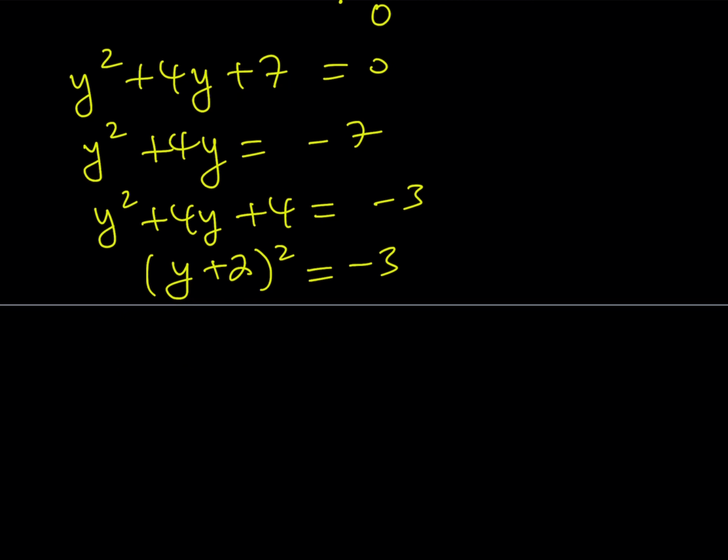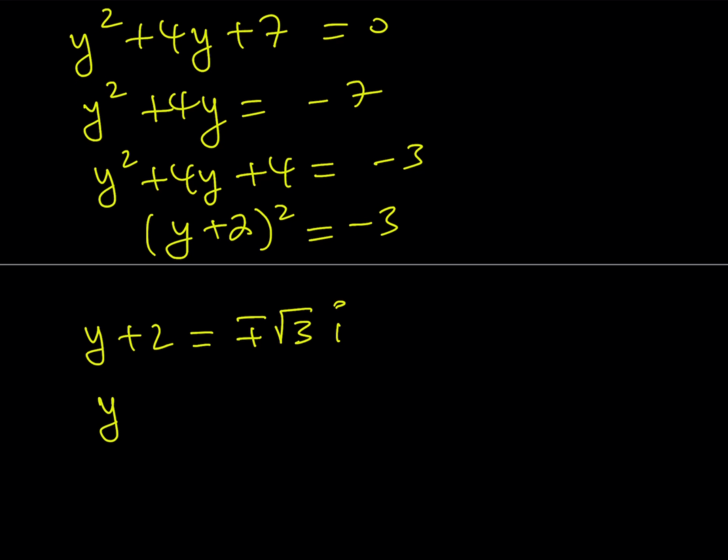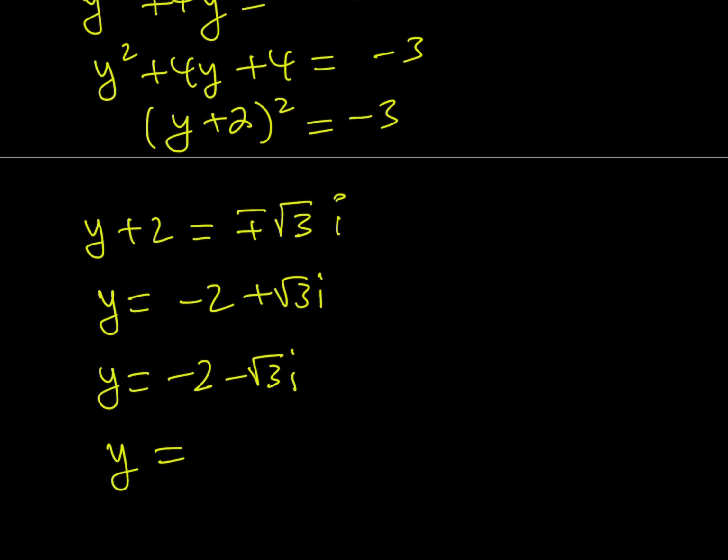And what are those numbers? Let's take a look at them. So y plus 2 must be plus or minus square root of 3i. And this gives us the two y values. y equals negative 2 plus root 3i, and y equals negative 2 minus root 3i. And we also know that y equals 2, which is our only real solution.